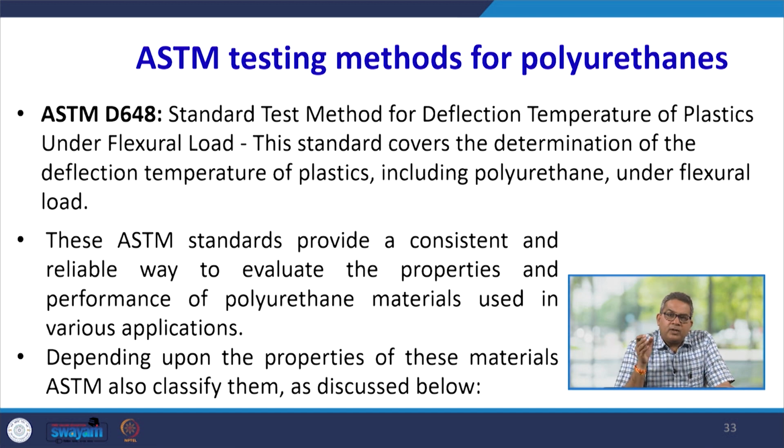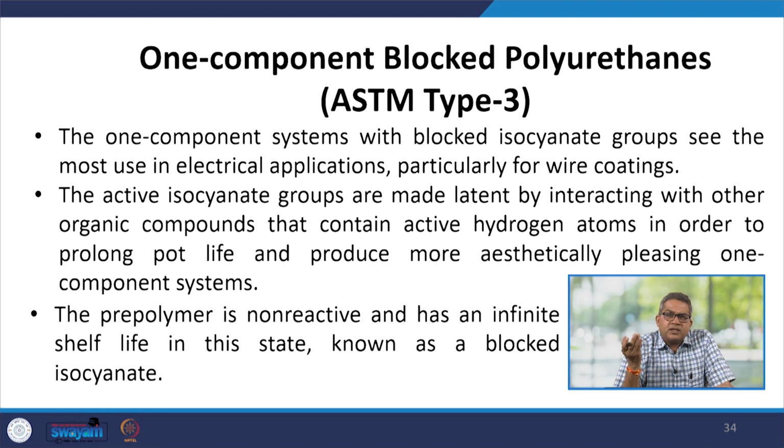So depending upon the properties of these materials, the ASTM also classifies them. One is the one component blocked polyurethane, that is ASTM type 3. The one component system with blocked isocyanate groups is mostly used in electrical applications and particularly in wire coating.